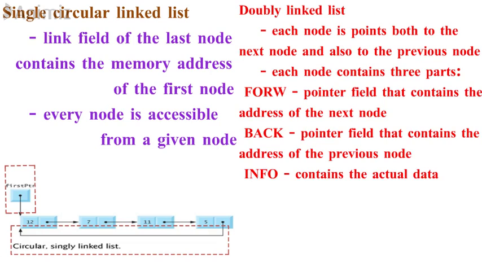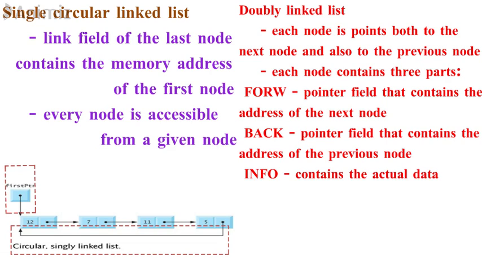Now it is doubly linked list. When I say doubly linked list, each node will contain two links. That is, each and every node will have three parts. The first one is the information part. The second one is the forward link. And the third one is the backward link.